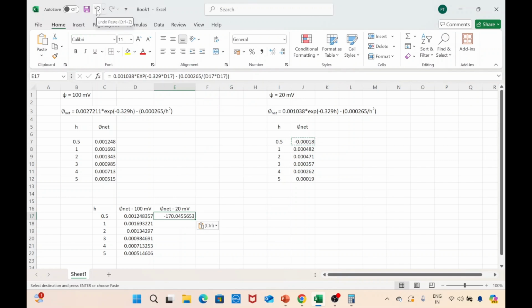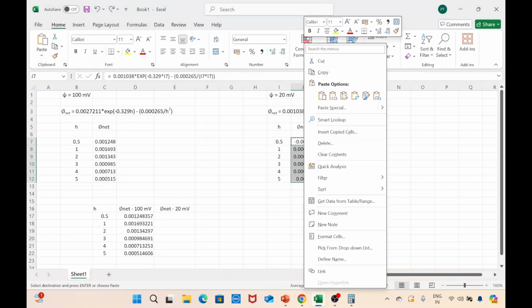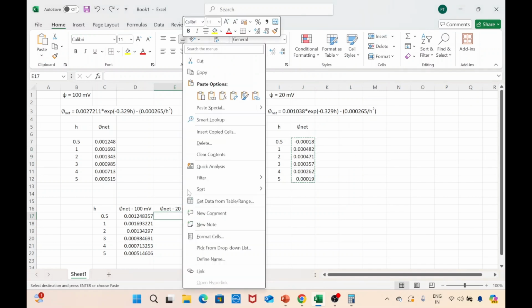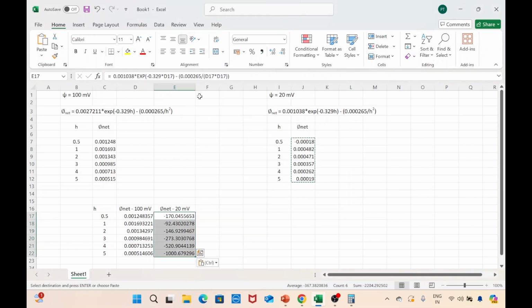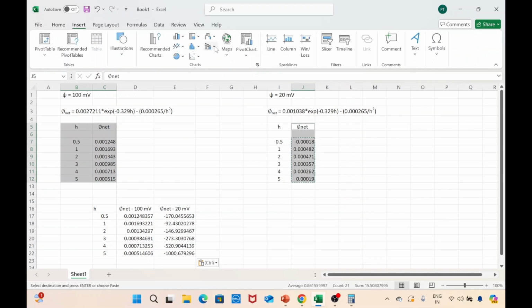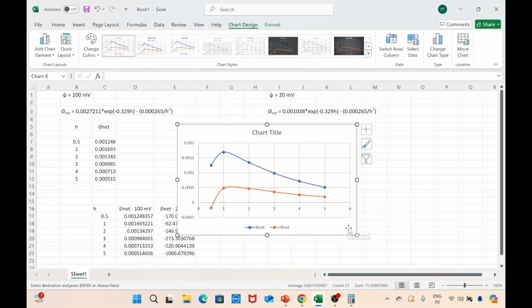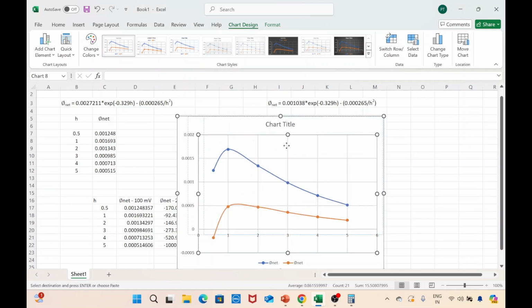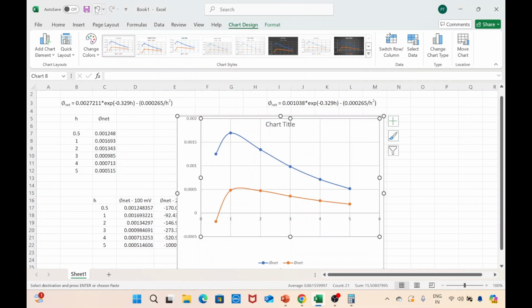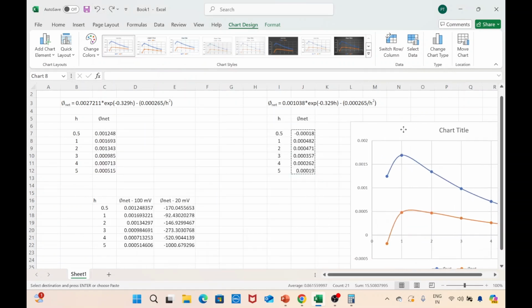Okay, let me just try this way. Let's plot these graphs. So this is the plot.